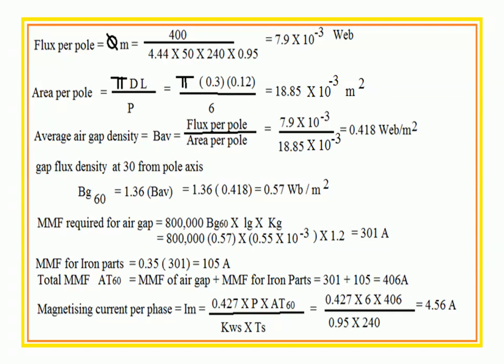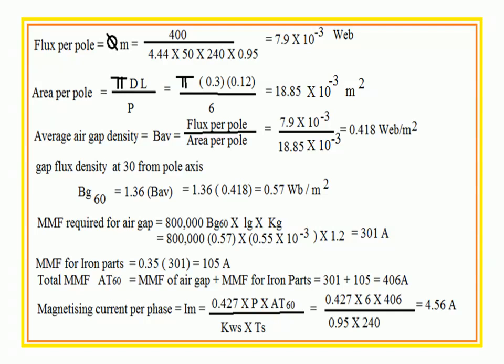Then you determine the MMF required for the air gap using the formula 800,000 BG60 LG times Kg. Kg is the gap contraction factor. LG is the length of the air gap. It is in millimeters, convert into meters. We are going to get 301 AT.